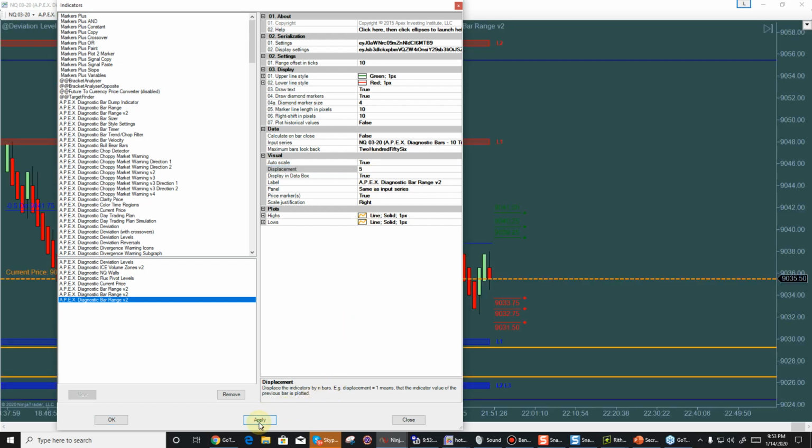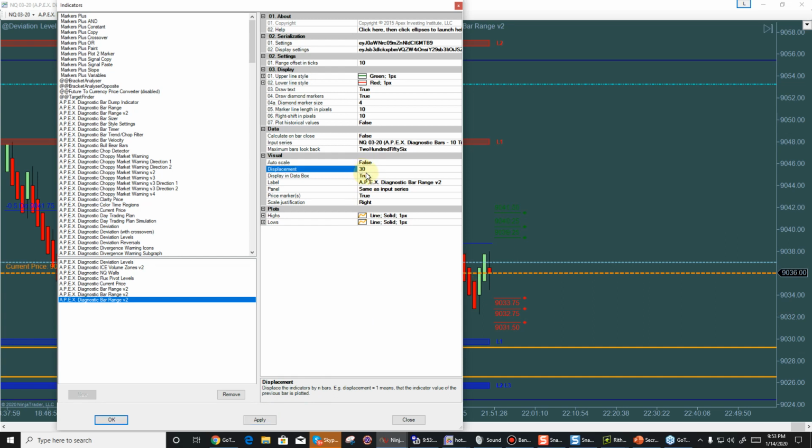I want to say, yeah, it's not really impacting the visual with the displacement. I was hoping it would. But, I mean, you can even say, you know, don't put the diamonds on there.